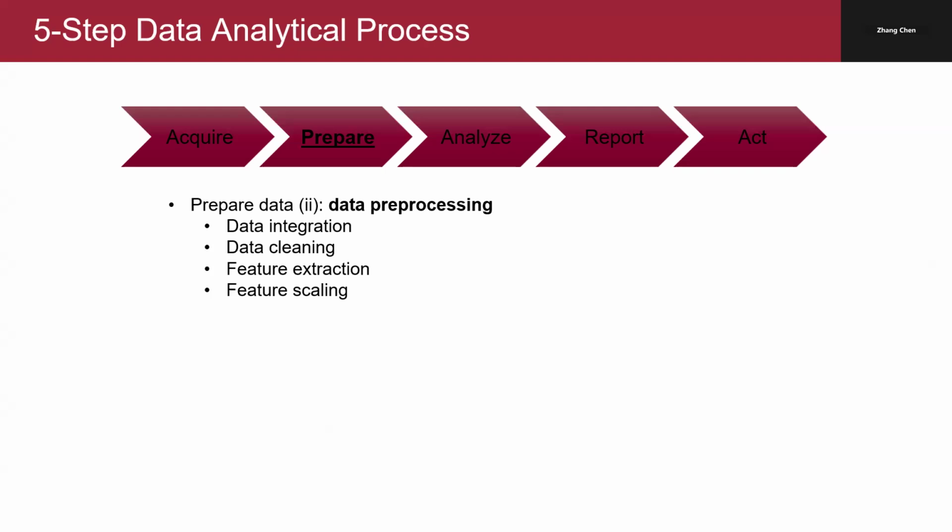The other one is feature extraction, which converts the raw data into meaningful features. Later on, I will discuss text mining, which also includes a lot of techniques to convert raw data into meaningful features. And finally, we also have feature scaling.